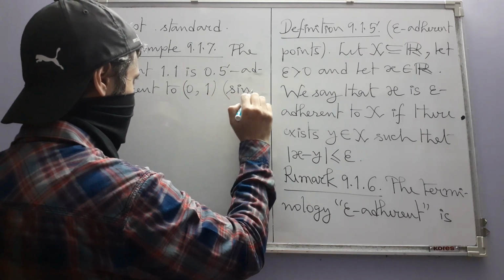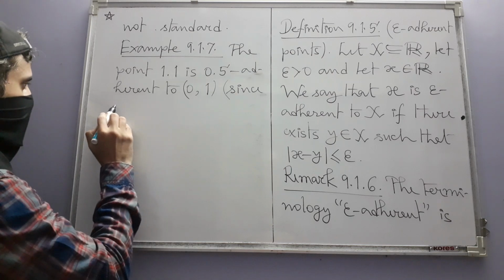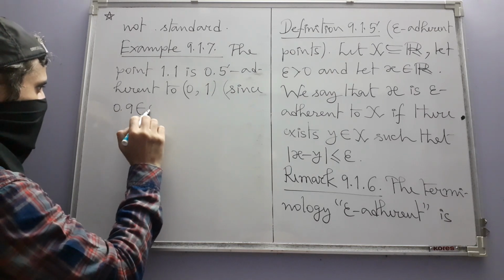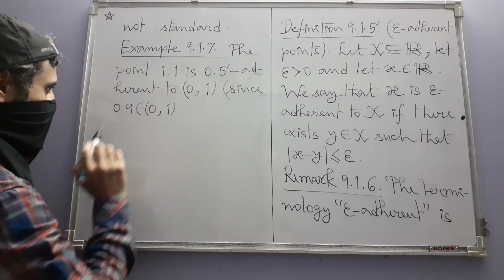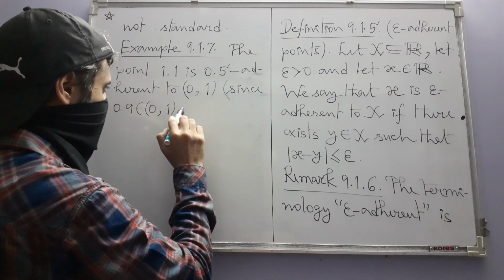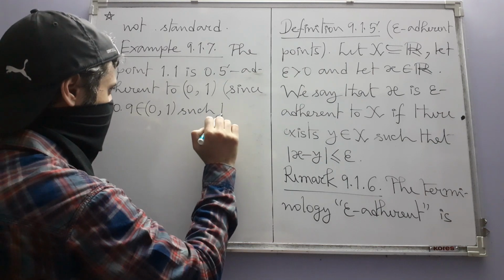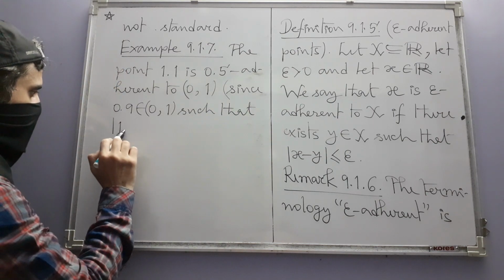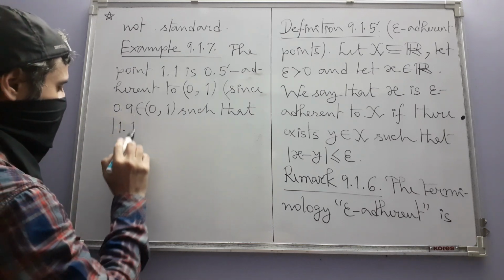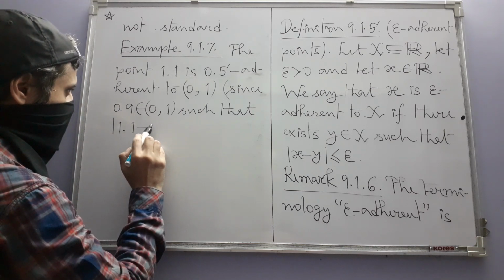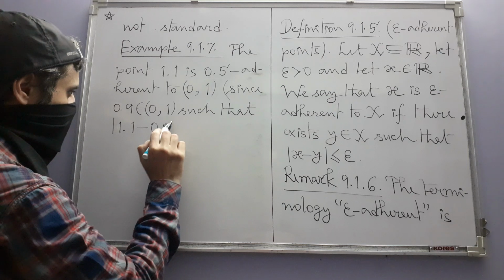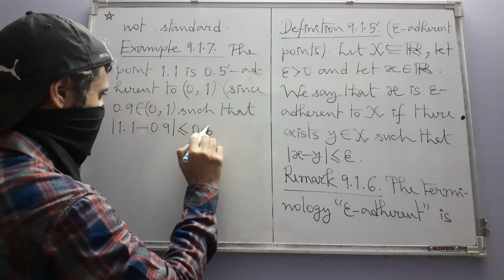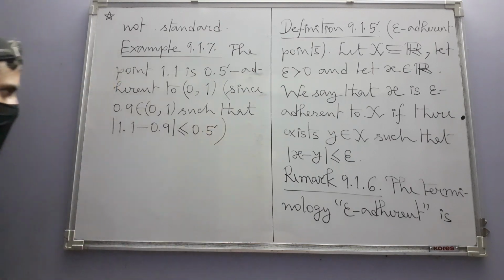And this is because you have 0.9, this element in this interval, such that the distance between 1.1 and 0.9 is less than or equal to 0.5.